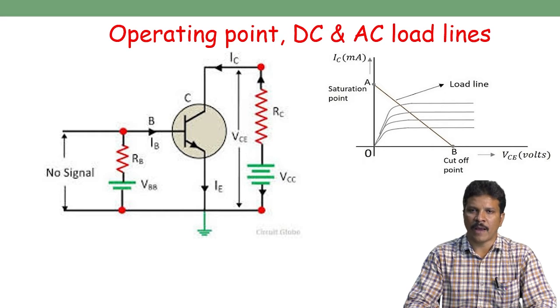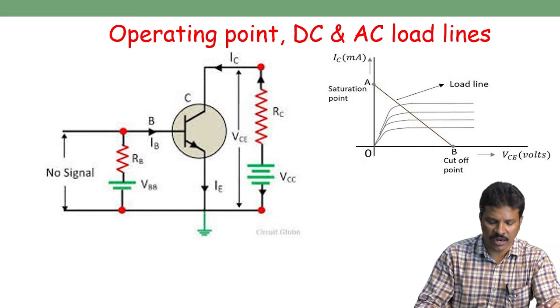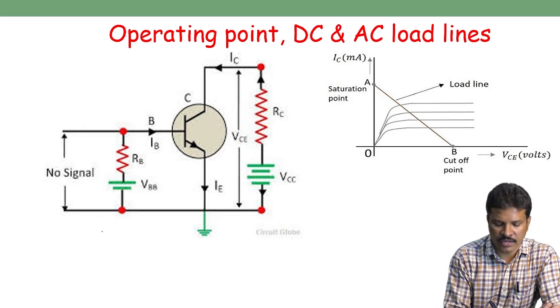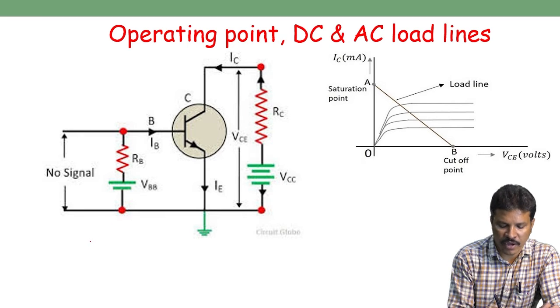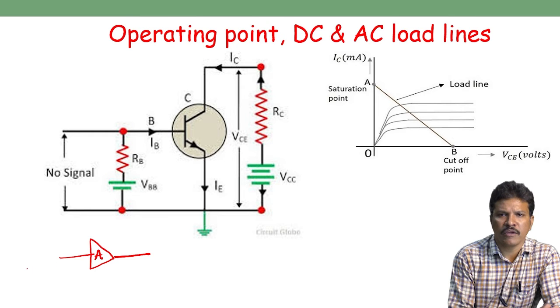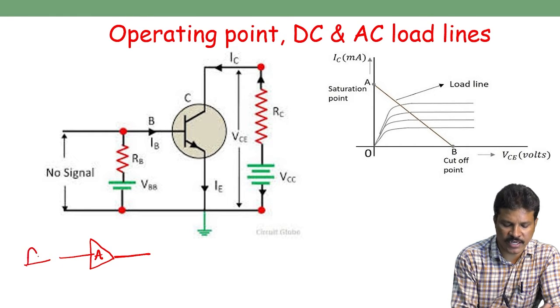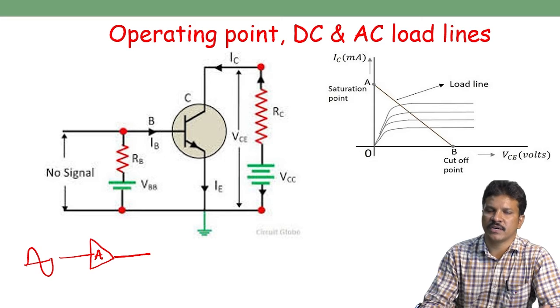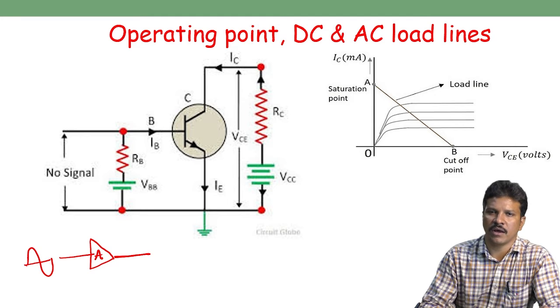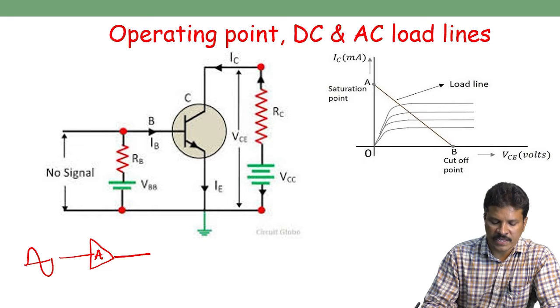The word faithful amplification means here, if you take a transistor amplifier, and I am giving a sinusoidal AC signal, which represents an AC input signal or low input signal, a weak signal, this can be given to the amplifier circuit.